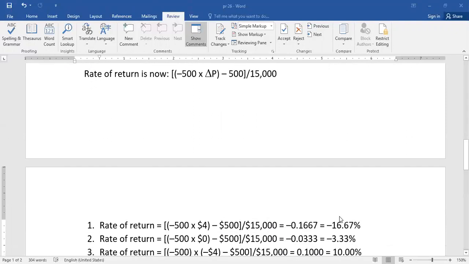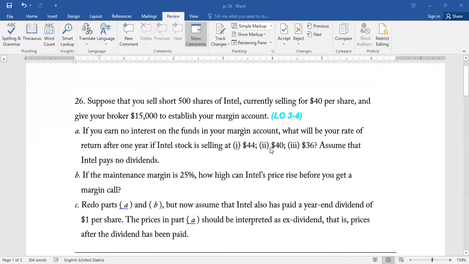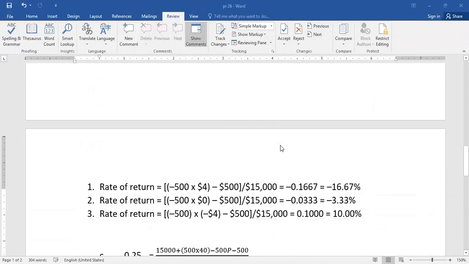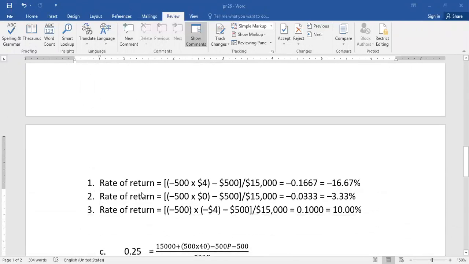I do the same for the second case, which is the stock price 1 year from now is $40. So I have no change from now to next year. It was $40 now, and it will be $40 next year. So I have no change in prices. So delta P is 0, but I have to pay $500.